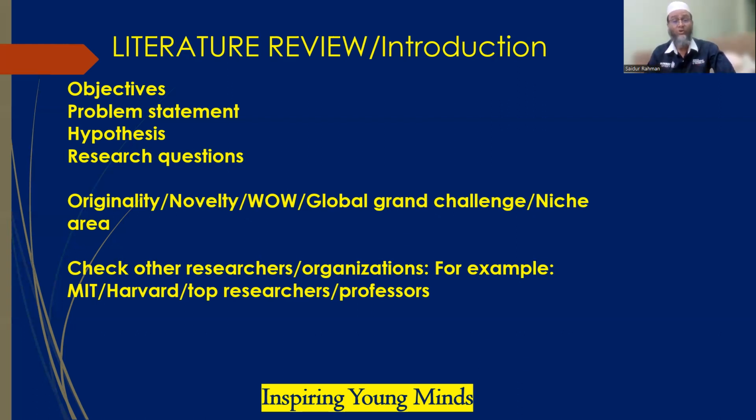So do your homework, identify the areas where researchers are working in this specific topic, what they are doing, what the problems are, what the weaknesses are in their research area, and highlight that this work was also done by MIT, Harvard, Cambridge, top researchers, but these are the areas that also need to be further improved.